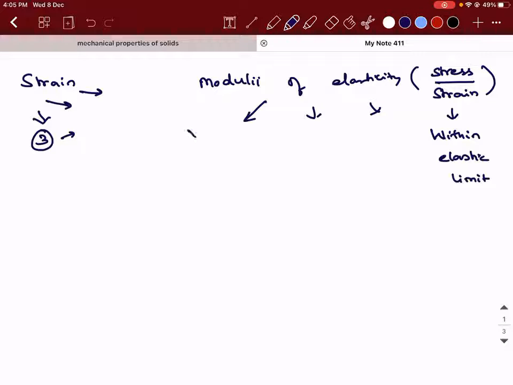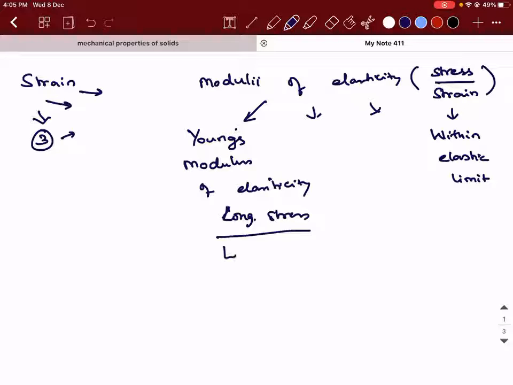And the first type of modulus of elasticity that we saw is Young's modulus of elasticity. Right. So how was it defined? It was defined as longitudinal stress divided by longitudinal strain, and this is what is Young's modulus, right?